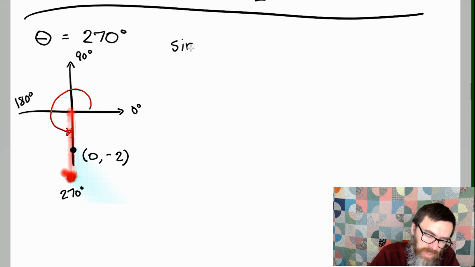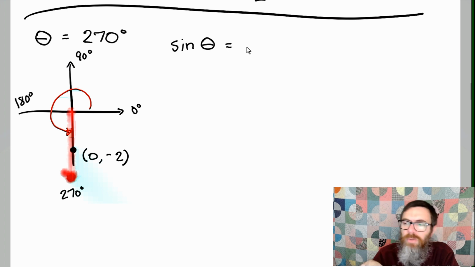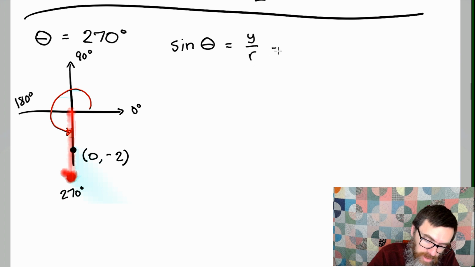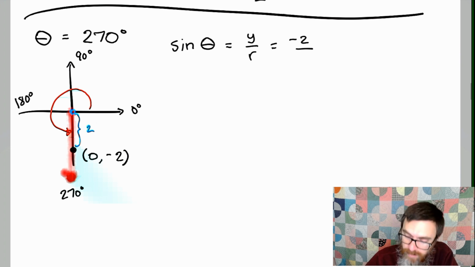Let's see what happens. If I do sine, and let's go back and look at the definitions, how we have the ratios defined with x, y, and r. So sine is supposed to be y over r. My y value is -2. My r is going to be the distance from the origin to that ending point, and so that's a value of 2.